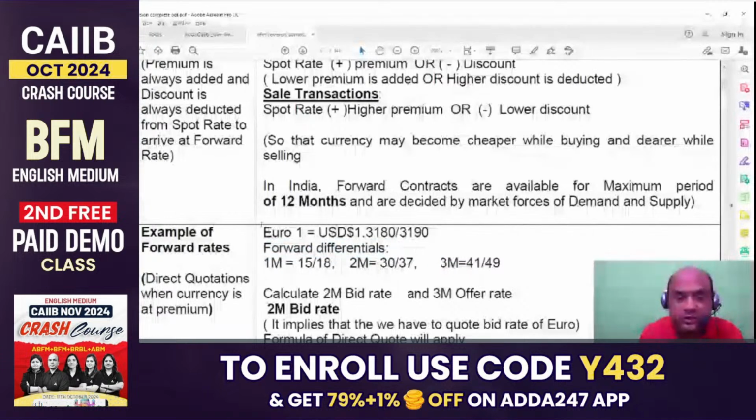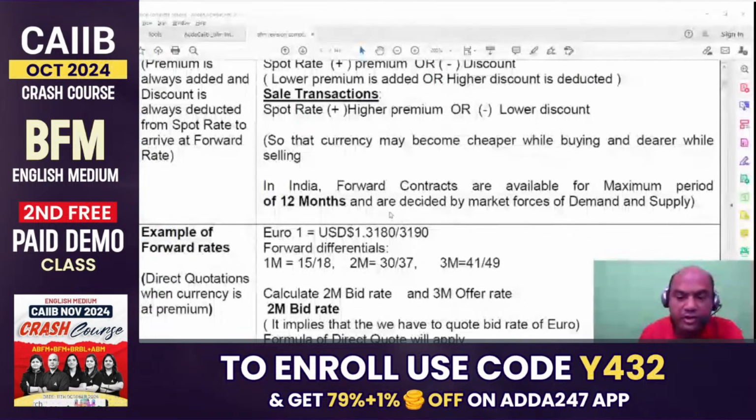Suppose I ask you, look at this. 1 euro equals 1.3180, 1.3190. If I ask whether this currency is at premium or discount, see this right side is bigger. When your right side is bigger, you always call the currency at premium. When your left side is bigger, suppose this would have been 49.41, buy is bigger, then you always call the currency at discount.